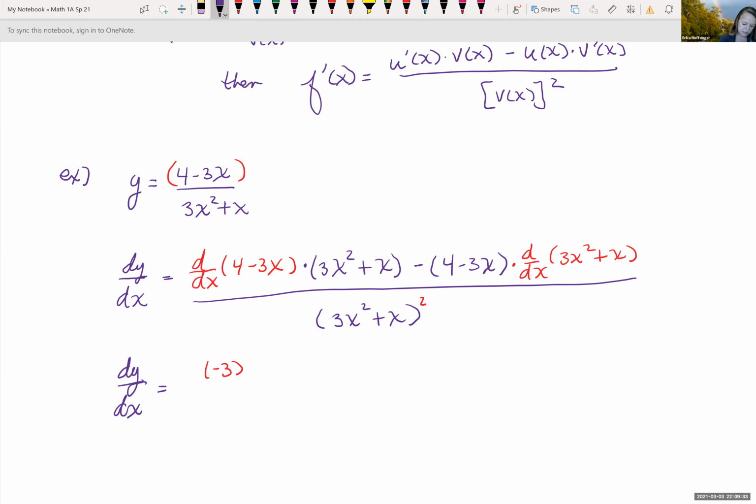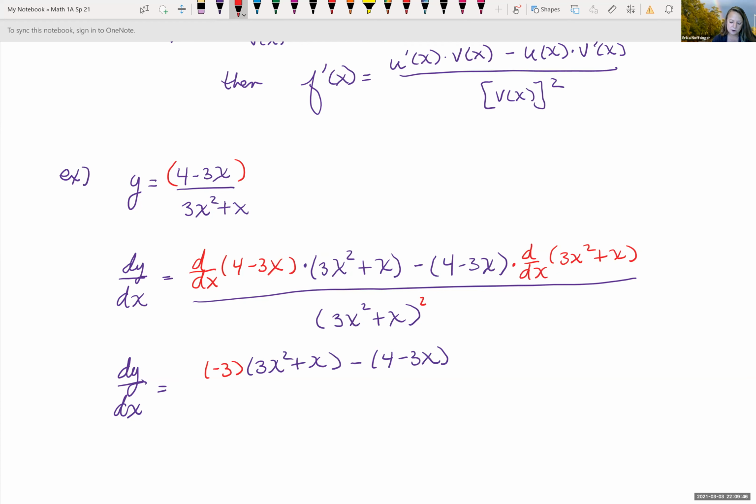Times the second, which is 3x squared plus x, minus the first, which is 4 minus 3x, times the derivative of the denominator. So derivative of 3x squared, bringing down our exponent in front and multiplying by that coefficient, 2 times 3 is 6. Subtracting 1 from our exponent, we get x, plus the derivative of x, which is 1. And we're putting this all over the denominator quantity squared. I'm not going to expand that out. I'm just going to leave it squared.